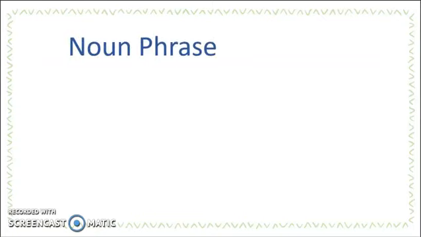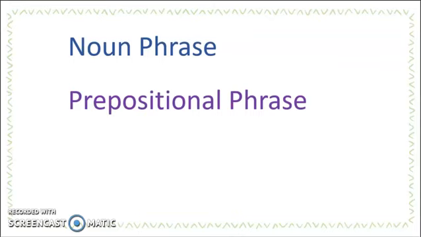Now, there are three commonly used phrases. We have a noun phrase, prepositional phrase, and a verb phrase. Let me discuss with you what these are and what some of the rules are in using each kind of phrase along the way. First, let's have the noun phrase.